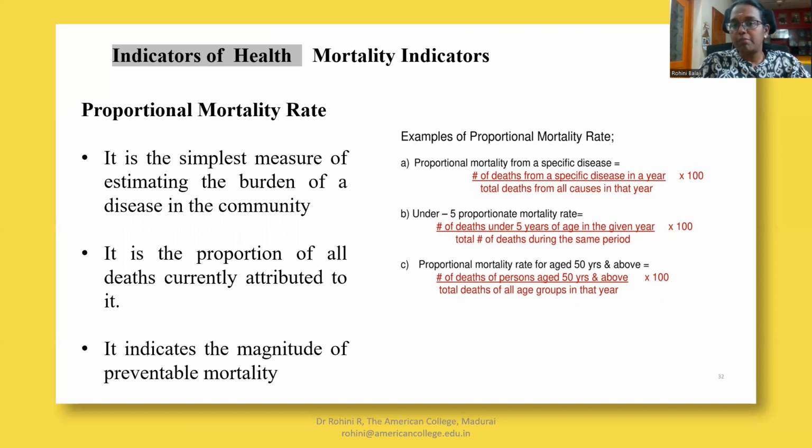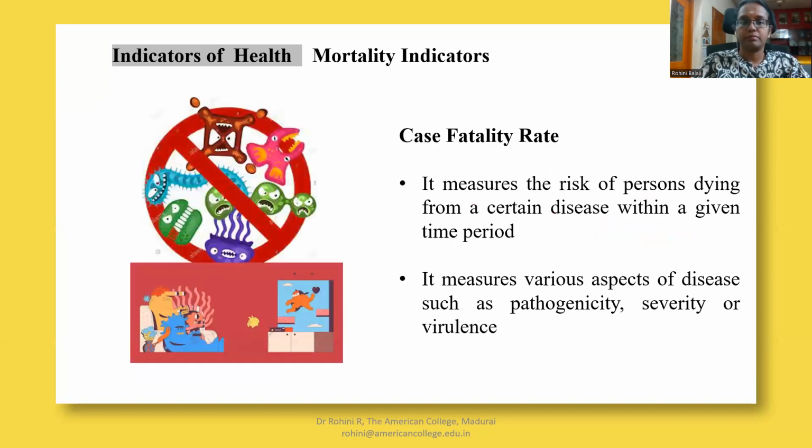Here, the proportional mortality for specific diseases, or under 5 mortality, children mortality, or the specific age-related mortality, can be considered by the deaths from specific conditions, either disease or by years, divided by the total deaths from all causes of death in the same year or same time period, multiplied by 100.